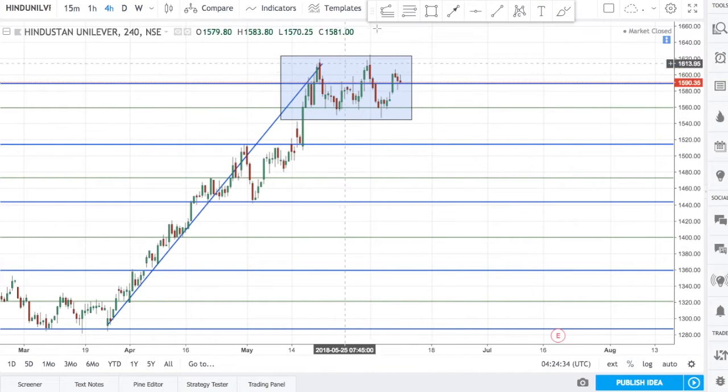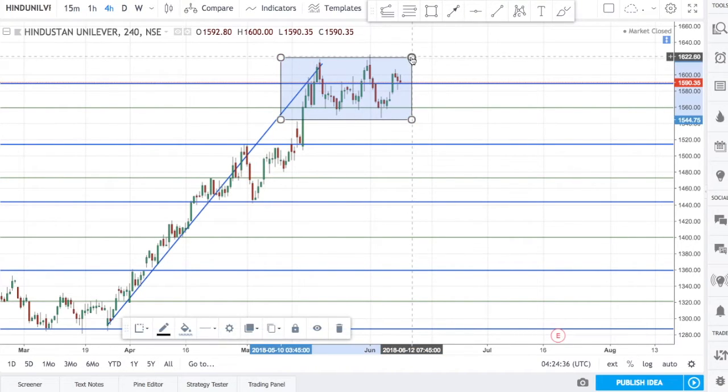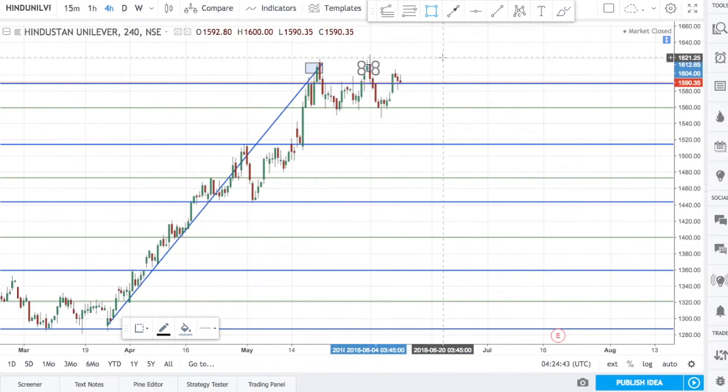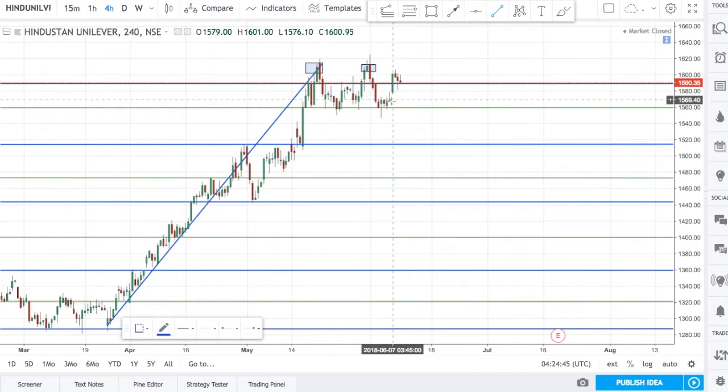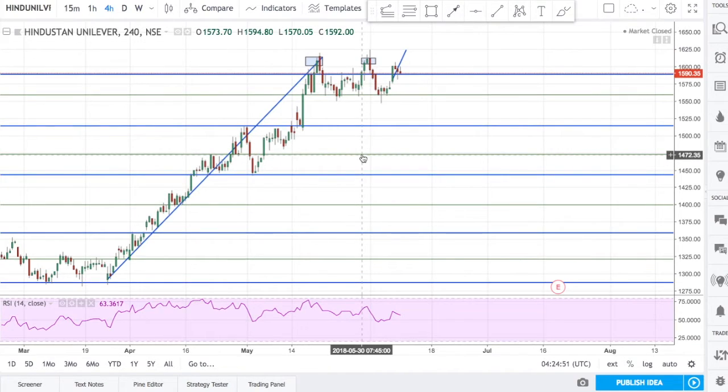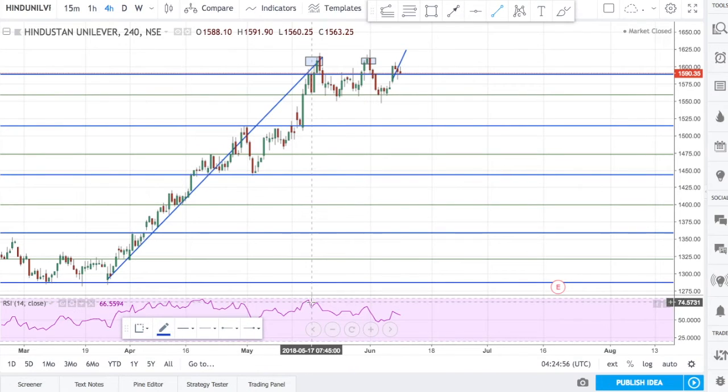In this case, we have got 2 higher highs, one here and the next here, and possibly the third one is in formation. Okay, and there is a clear divergence on the RSI, as you could see here.